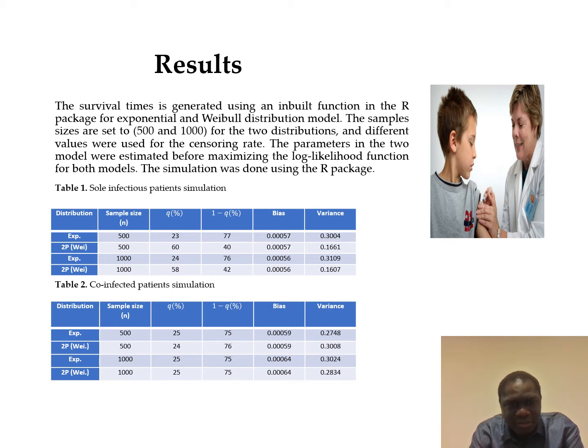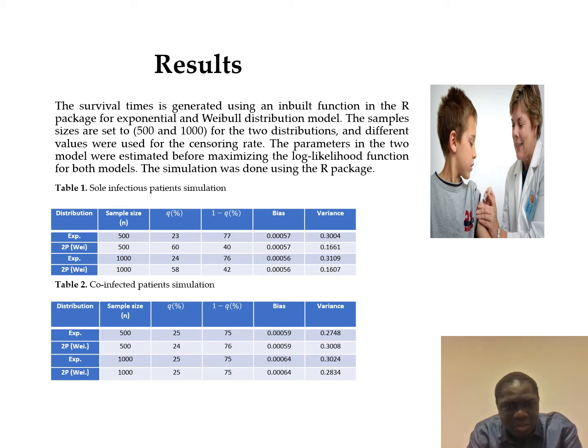As you can see, if you look at the sample generated with 500, the exponential gives 23 for the cured, and the uncured had 77. So also the bias is giving us 0.0057, and the variance is 0.004. Looking at the Weibull, for 500 we have 60, 40, and 0.0057, and the variance to be 0.1661.